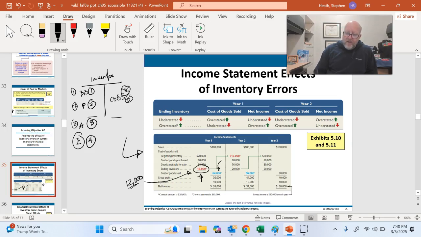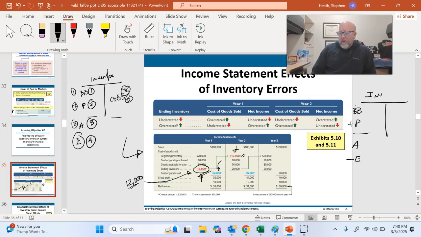And then not only is this year's financial statements incorrect, but next year they're also incorrect. And they're incorrect because the ending value of 16,000 is the beginning value of our next year. And so I would go through the whole process again. I would have my inventory account, and now my beginning balance is messed up. Then I would add purchases that would give me everything I had available to me.